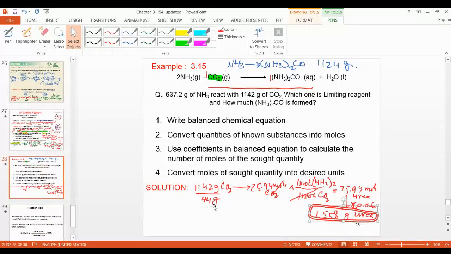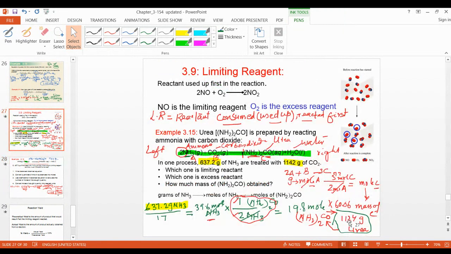So which one is less? Ammonia. Which one gives less product? This urea. So this is less. So you write down the note, please.